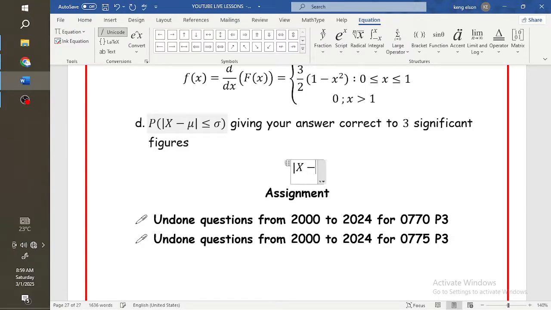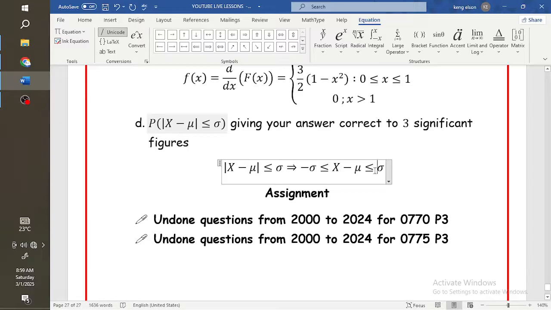We first need to solve this inequality and get the range of values of x. Like I told you, if the absolute value of a function is less than sigma, this means that the function inside, x minus mu, is less than sigma and greater than negative sigma.